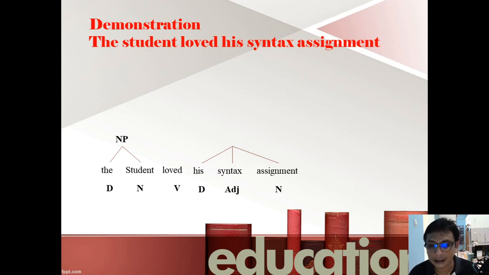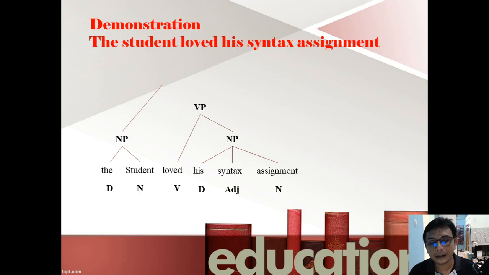But this is only an approximation. So we come up with the second noun phrase, okay? And then this noun phrase is the required complement of the verb love. So we create an even larger construction called VP, which consists of one verb plus one NP.